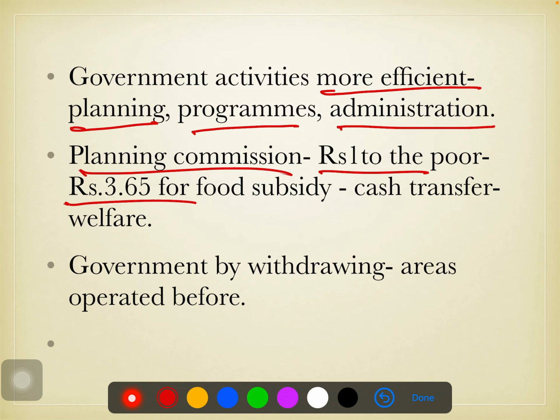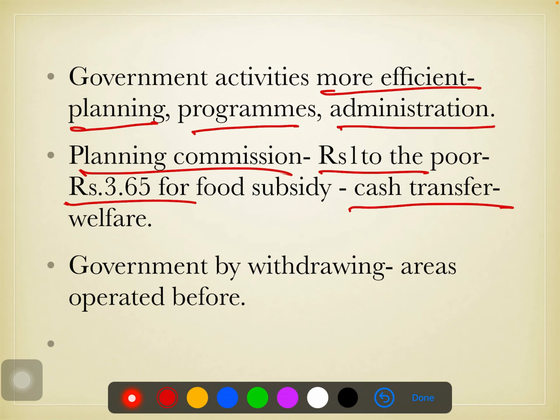By food subsidy we mean whatever basic food they are purchasing, we are offering at very low prices, like PDS, the public distribution system. So this shows that cash transfers would lead to an increase in welfare. More than spending on a food subsidy, they say that cash transfer will be the best one. That too, 1 rupee is more than enough for the sake of welfare.